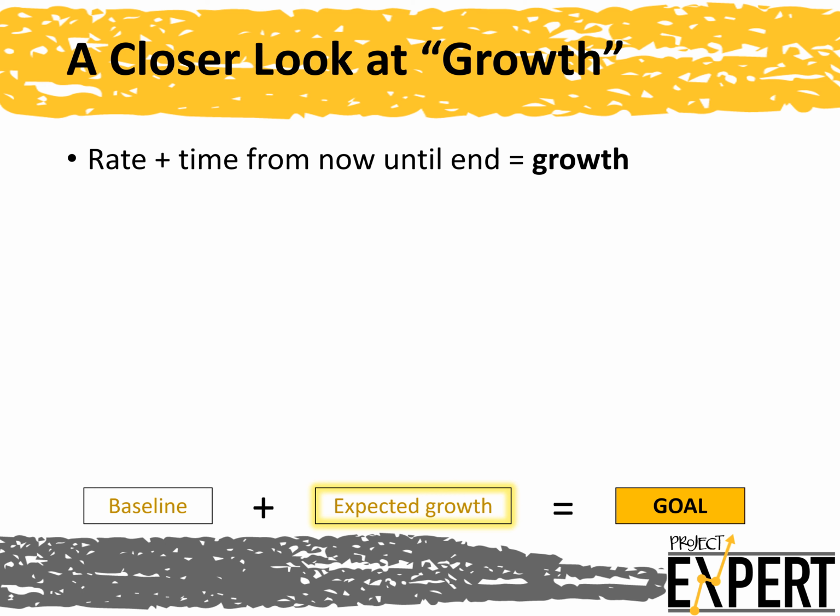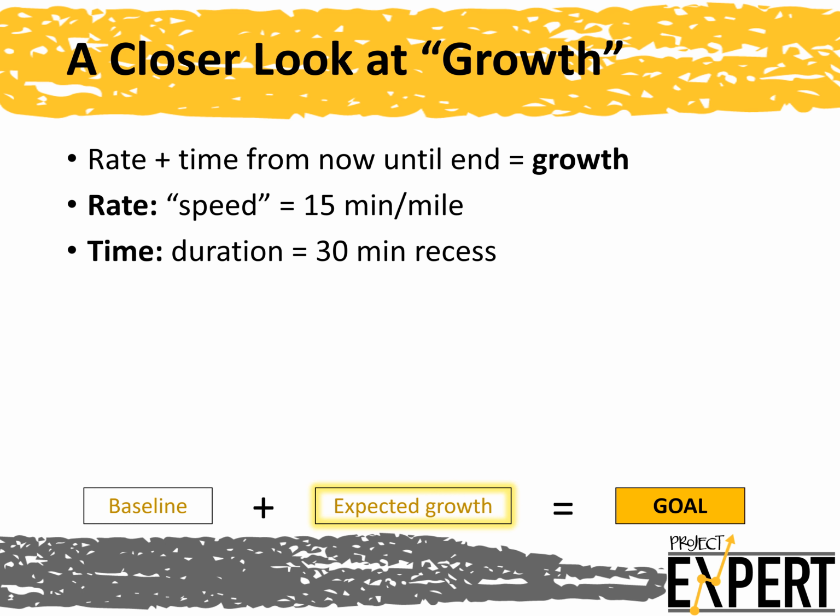As an example, say your class is having a speed walking competition. You want to set a reasonable but ambitious benchmark. Remember, we need to know the rate, how fast we expect our students to go, plus how much time we have. So to do this, you know that a 15-minute mile is a good speed walking pace for your kids. That's your rate, 1 mile per 15 minutes. Then you also need to know the time or duration.